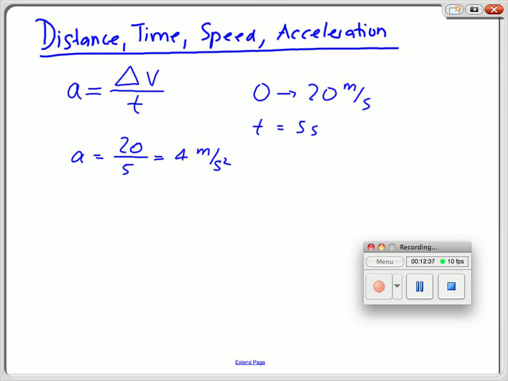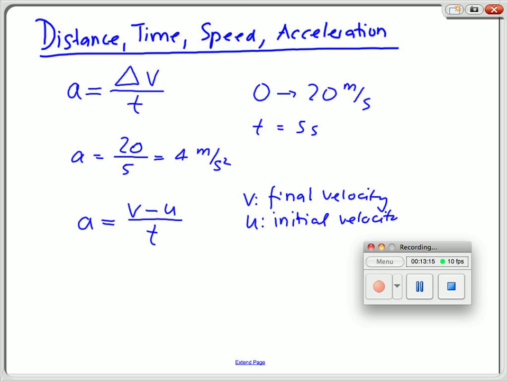It's a second squared because I have meters per second per second, and mathematically that's the same as meters per second squared. There's also another way of writing down this formula, which would be the change in velocity is my final velocity minus my initial velocity, and divide that by the time. V minus u, where v would be the final velocity, and u would be my initial velocity.